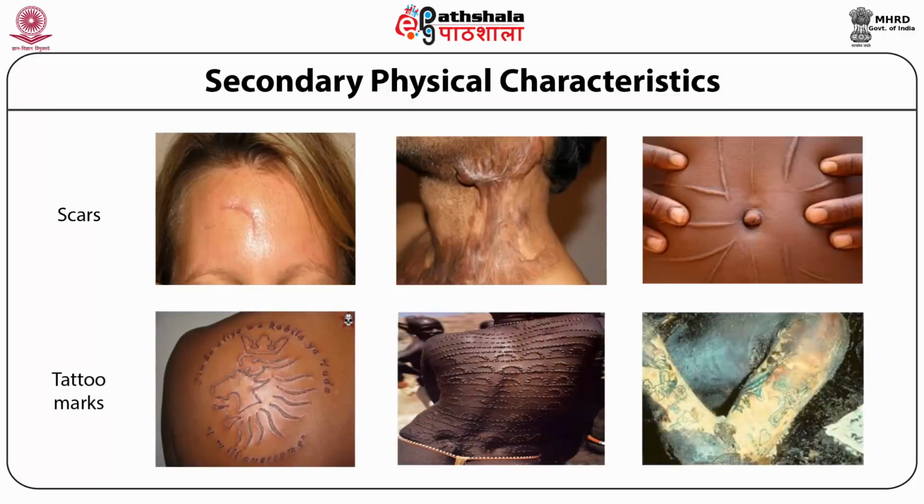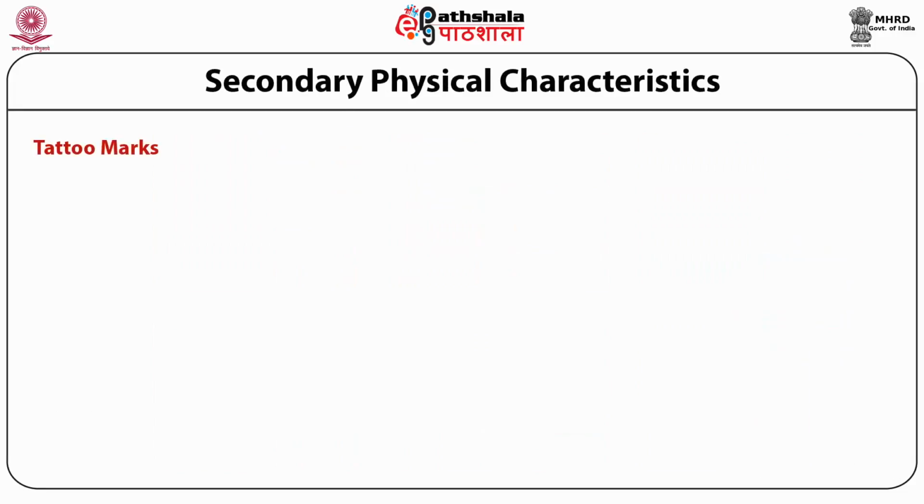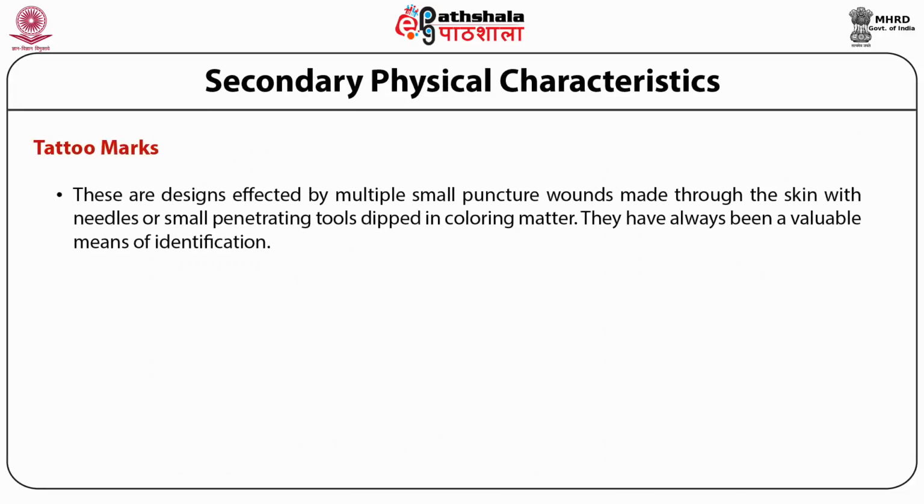The second row diagram shows you different kinds of tattoo marks. Tattoo marks are designs effected by multiple small puncture wounds made through the skin with needles or small penetrating tools dipped in coloring matter.